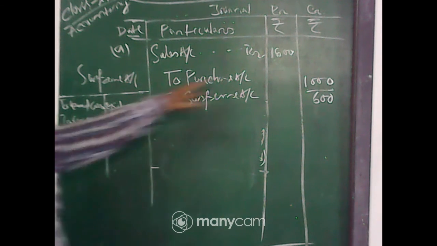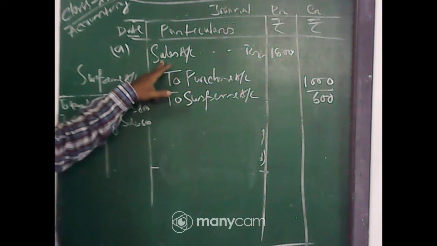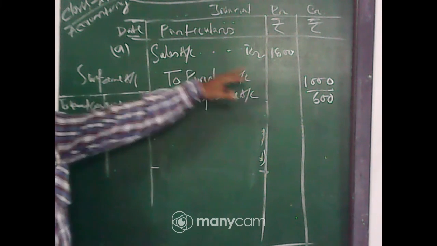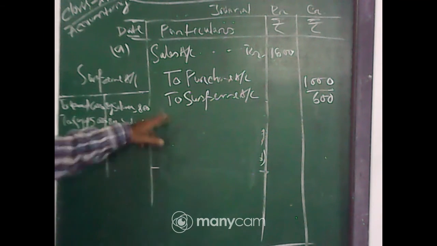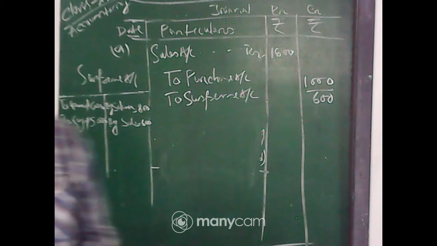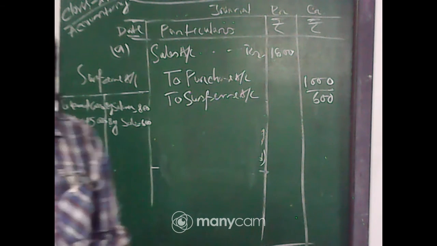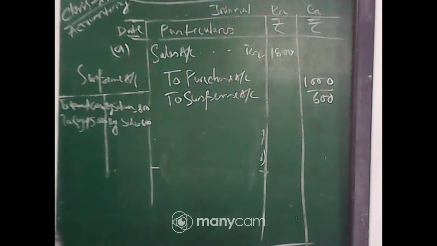You cannot write by sales 1600 on the credit side of the suspense account, because the suspense account is 600. Now here also you make your narration: goods withdrawn by the proprietor for personal use was wrongly credited to sales account, now rectified. I am ignoring the narration here.